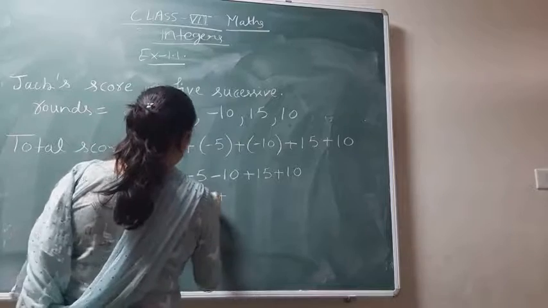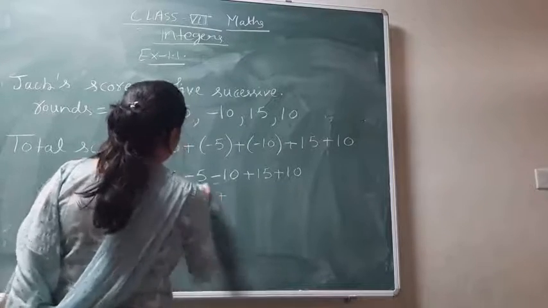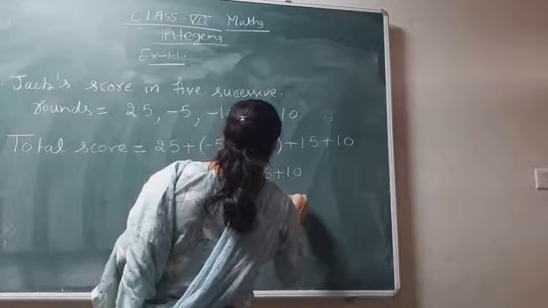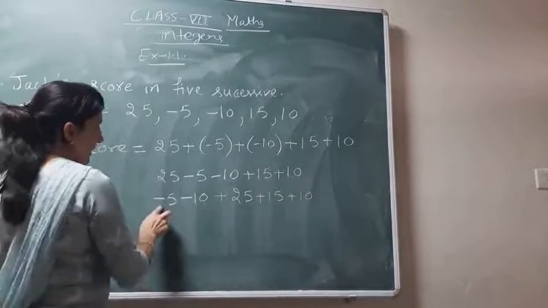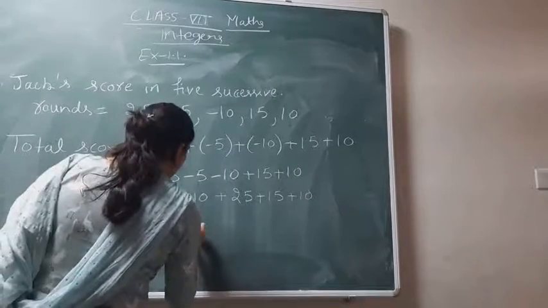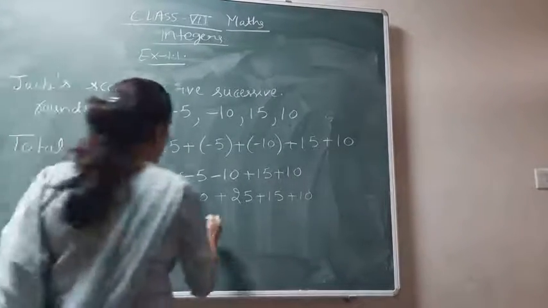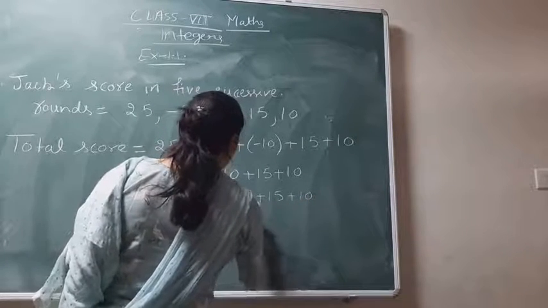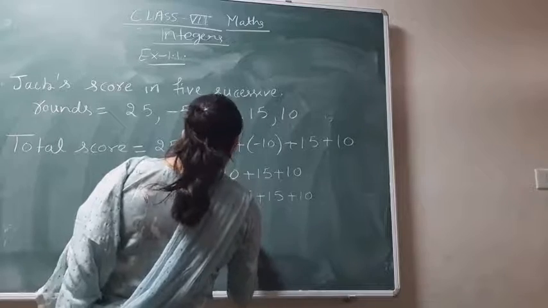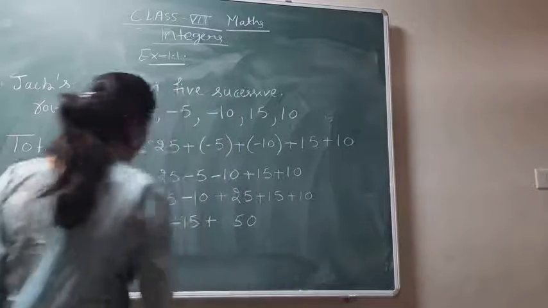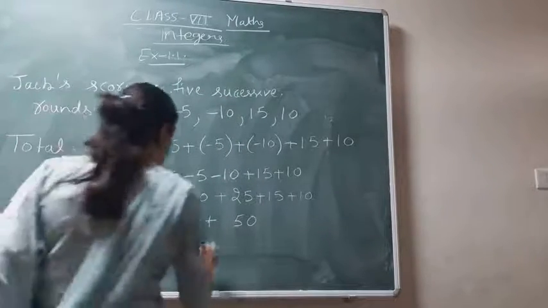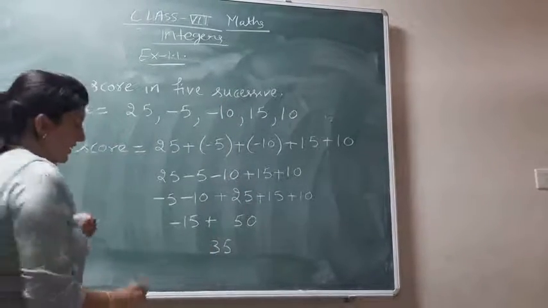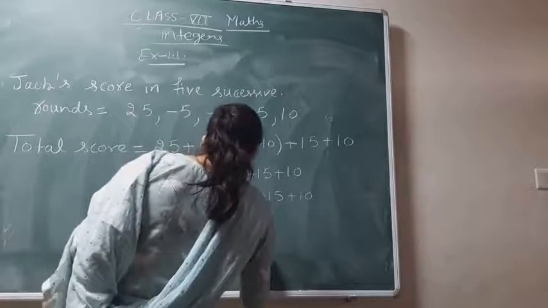Terms with the same sign are added: 25, 15 and 10 make 50, and minus 5 and minus 10 make minus 15. Now 50 minus 15 is 35. 50 is greater, so it is positive. So his score is 35.